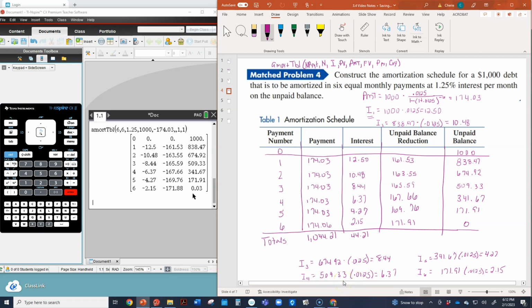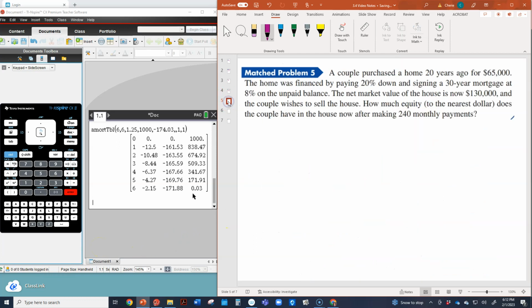And so those two totals right there show you that this total is the $1,000 plus the total of interest. So it calculates out. All right, let's move on now to example 5.